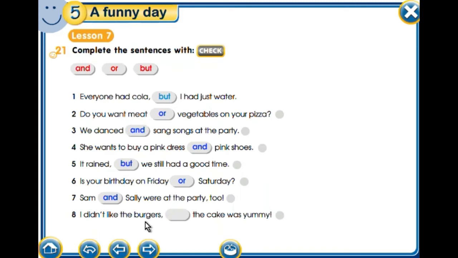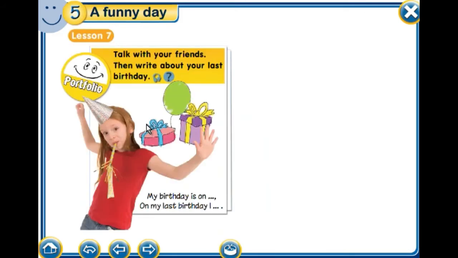I didn't like burgers, but I liked the cake. The cake was yummy. Delicious. Yummy.